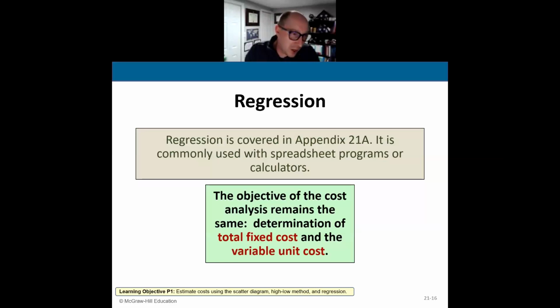In regression analysis for accounting, we typically use what we call least squares regression, otherwise known as simply regression analysis. It's a statistical method for identifying cost behavior. In Excel, there's a function for this. For fixed cost, it's equals intercept, and for variable cost, it's equals slope. You can calculate it in Excel if you really wanted to.